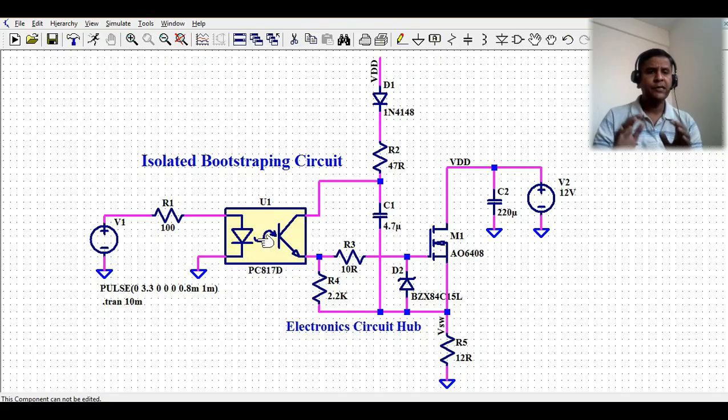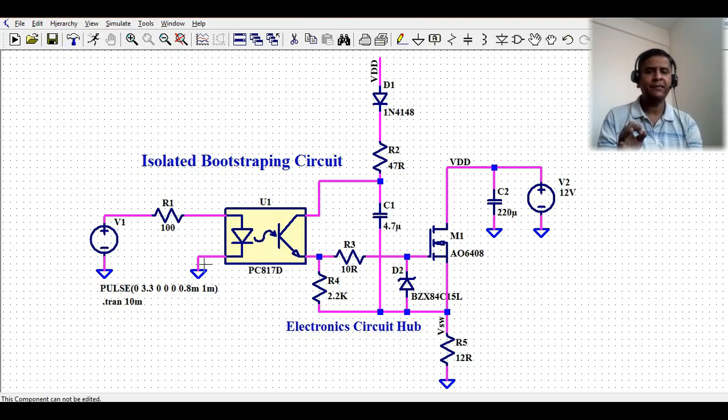I need to isolate my microcontroller signal from my motor driving signal. Sometimes your microcontroller signal sits on a different ground, a low voltage ground, while the MOSFET you are driving uses high voltage DC. So it is very important to isolate your low side from the high side. That is why I have used the optocoupler.